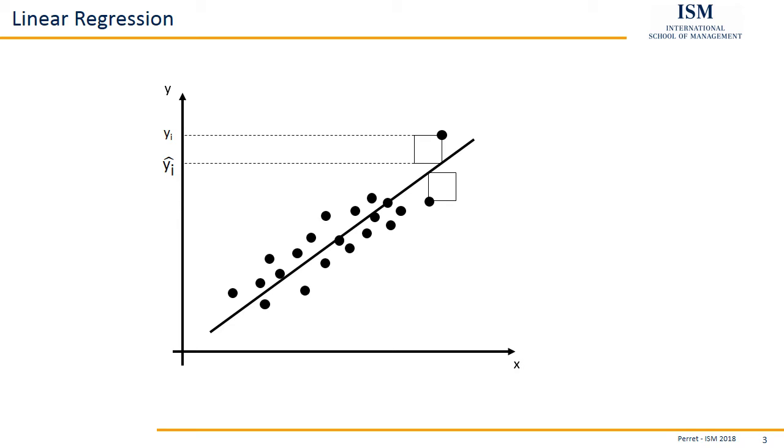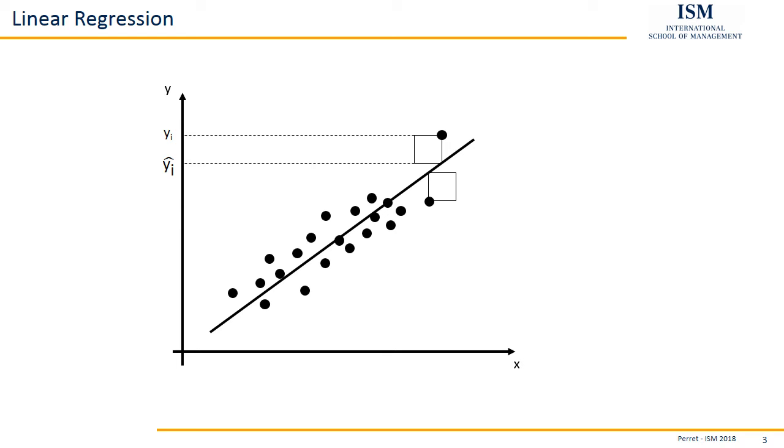We square the distance, so it's basically (yi minus yi hat) to the power of 2. And we do this for all the data points. Then we just sum up all those squared differences and minimize this function. Okay, but minimize for what?